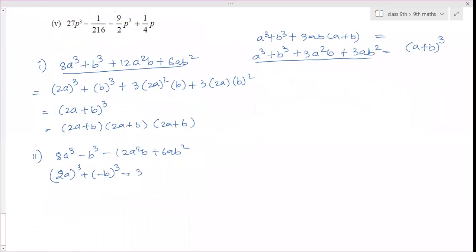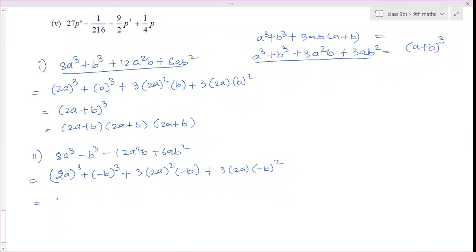So minus 3 into 2a square into minus b plus 3 into 2a into minus b square. So the same thing I have transferred in this form to show that it is the cube of a cube, b cube, 3a square b plus 3ab square.